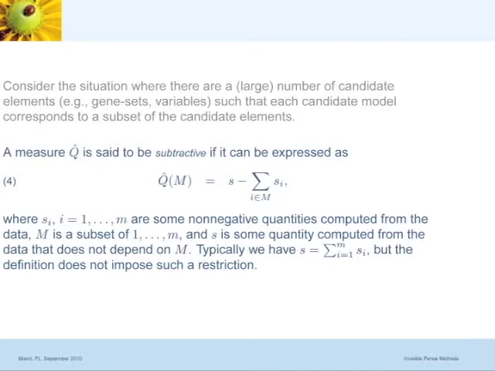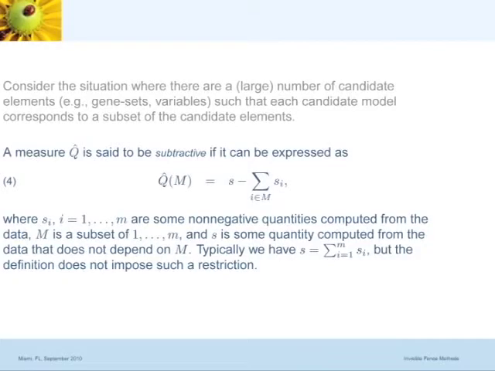Inside the summation, there's a term corresponding to each candidate element that is involved in this subset, M. Remember M is a subset of indices, right? So what you do is you take the summation over the indices corresponding to the candidate elements in the subset. Then you subtract that from an overall constant.